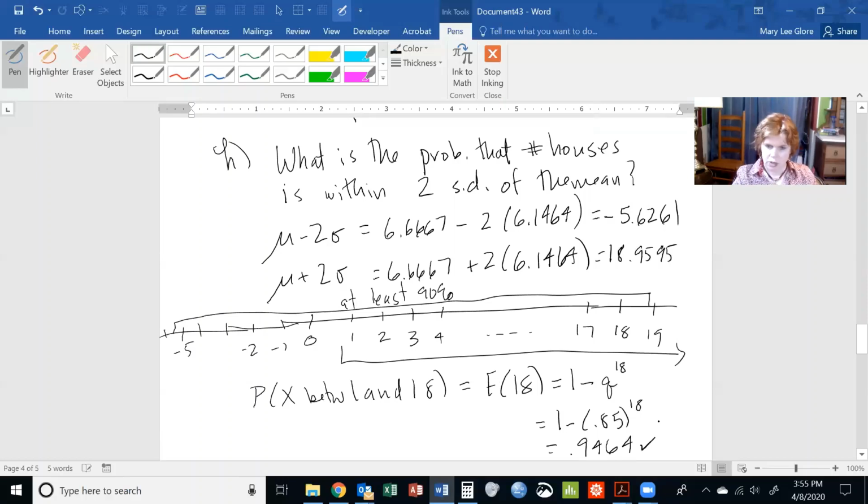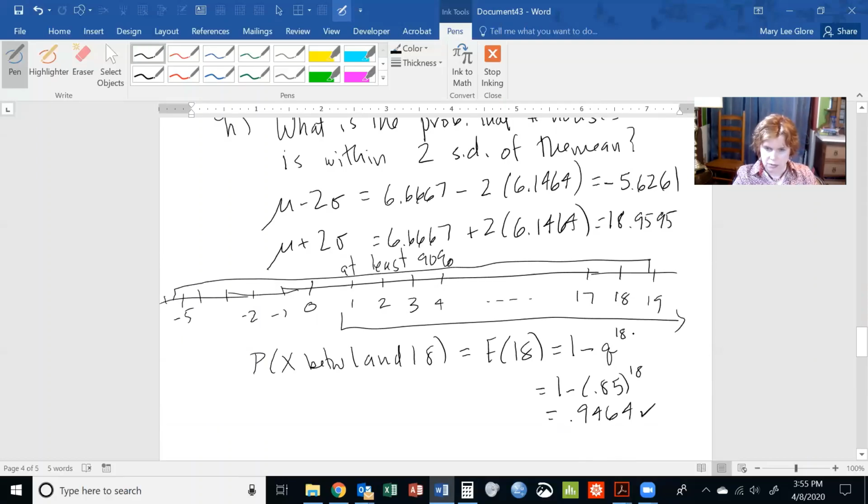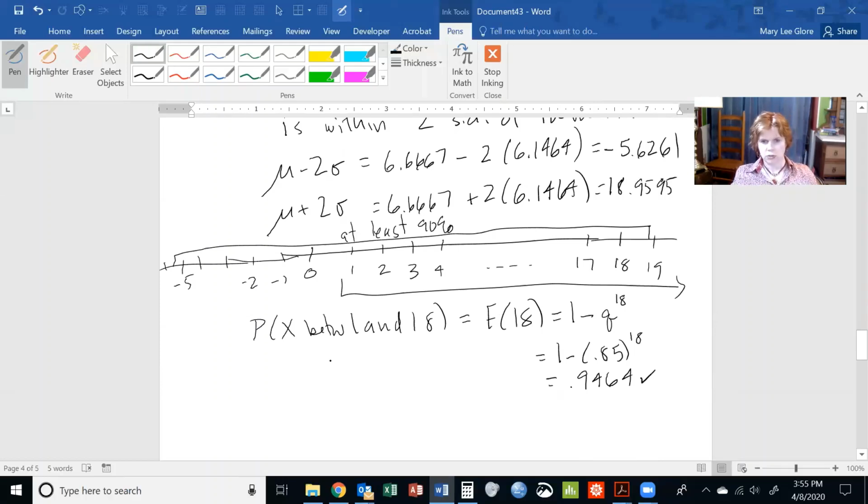Which is indeed over 90%. So over 90% of the time he would visit between 1 and 18 houses. So that is consistent with the empirical rule.